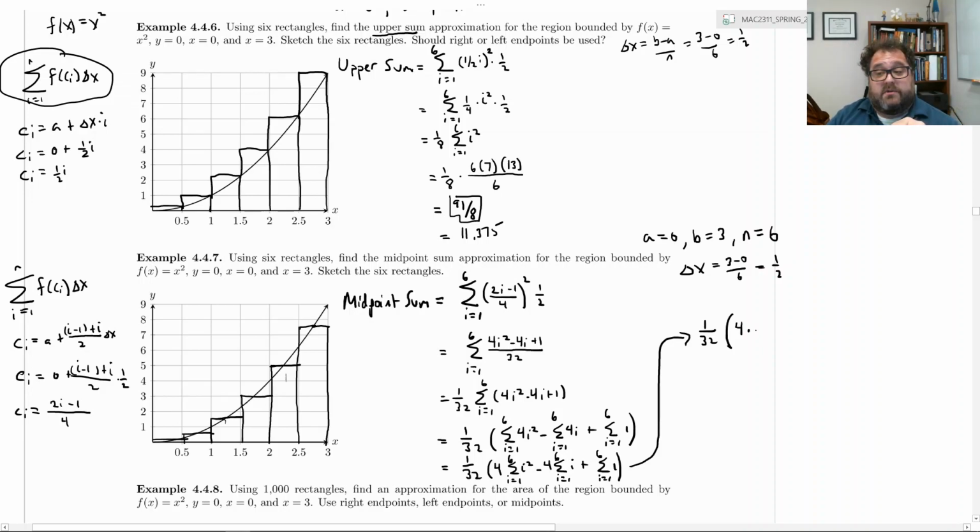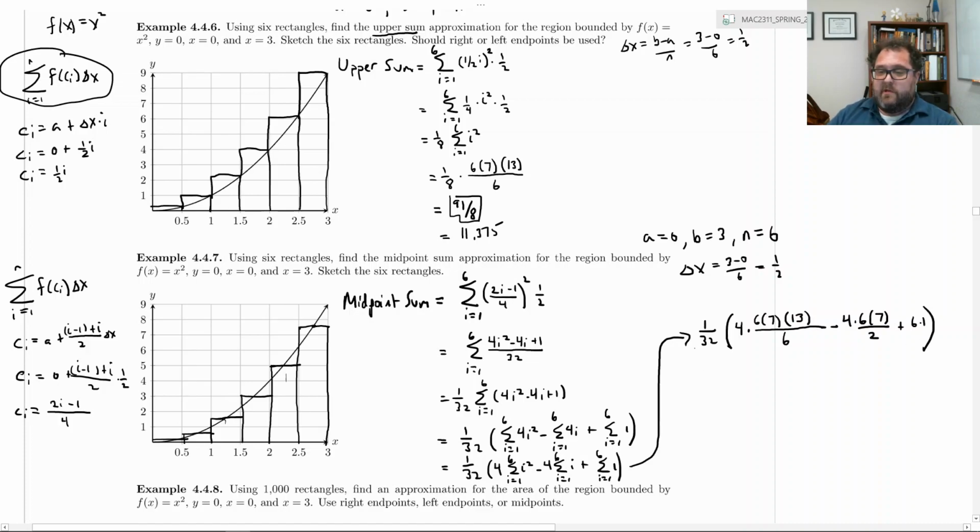The sum of the i squareds, we do n, so it's 6 times 6 plus 1 is 7, times 2 times 6 plus 1, that's 13, over 6, minus 4. Now, for the sum of the i's, we do 6 times 6 plus 1, 7 over 2. And then for the sum of the constant 1, we just do 6, the upper bound, times 1. So plus 6 times 1.